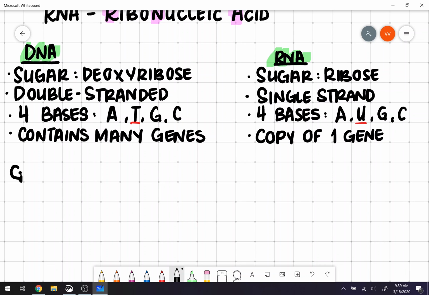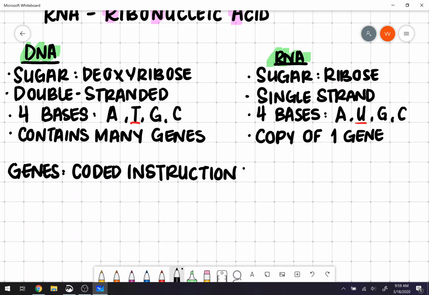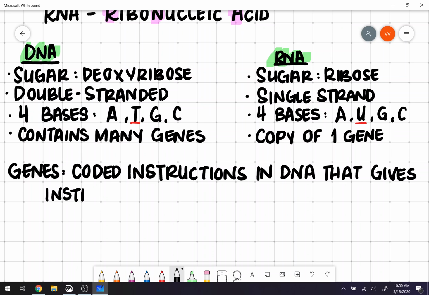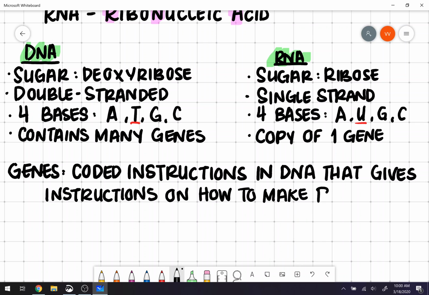Genes are coded instructions found in your DNA that give instructions on how to make proteins.